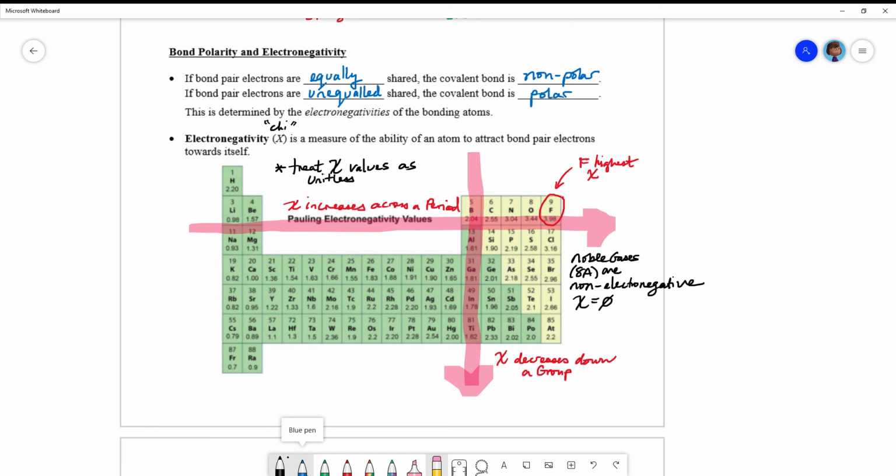Okay, so we've seen some important trends in electronegativity. We know fluorine has the highest electronegativity, that noble gases are essentially zero, and we've defined electronegativity. But how does electronegativity allow us to figure out whether bond pair electrons are equally or unequally shared, or whether a covalent bond is polar or nonpolar? Well, let's scroll down and take a look at that.